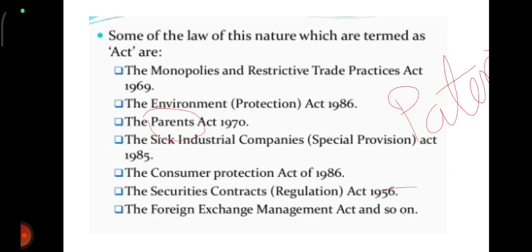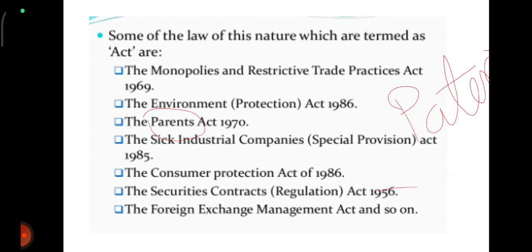After that, we will study some laws with their nature and terms that are seen as acts. First is the MRTP Act, the Monopolies and Restrictive Trade Practices Act 1969. After that, the Environmental Protection Act 1986. This is the most important act in business nowadays because we are talking about people, profit, planet.